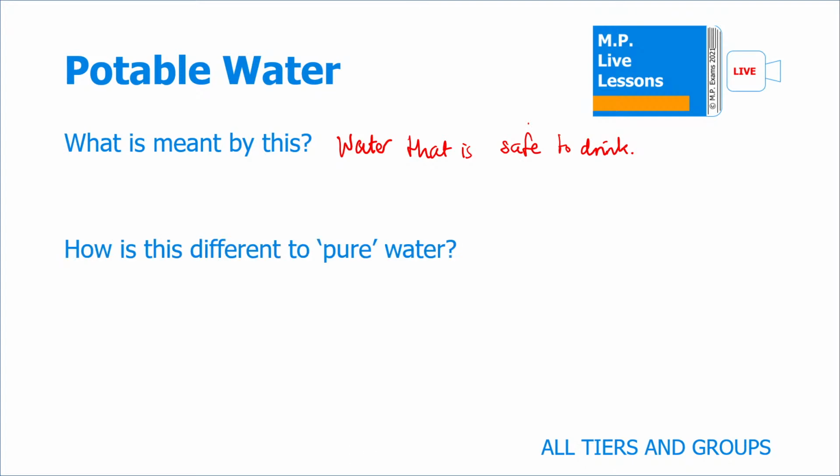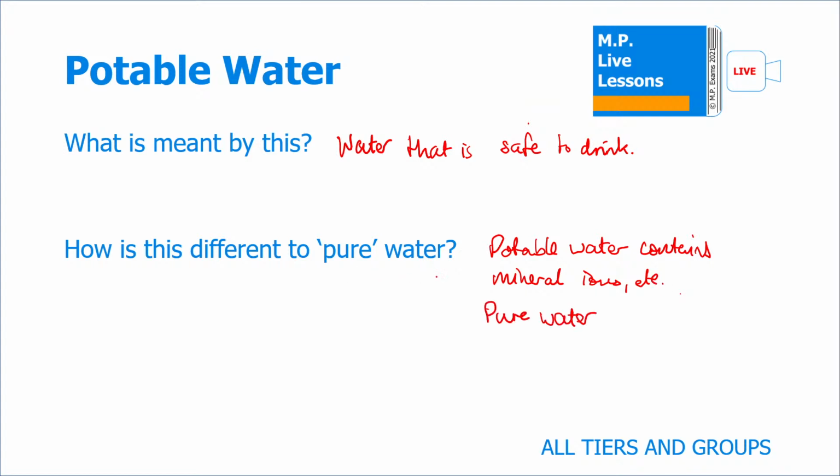Now this is different to pure water because potable water contains mineral ions, while pure water contains only water molecules, nothing else.